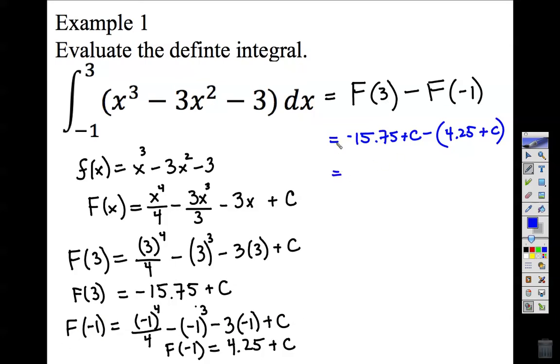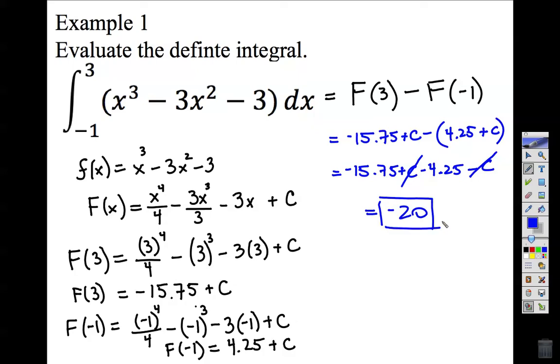So this is going to equal negative 15.75 plus c minus 4.25 minus c. Our c's here cancel out. Negative 15.75 minus 4.25 equals negative 20, and that there is our answer.